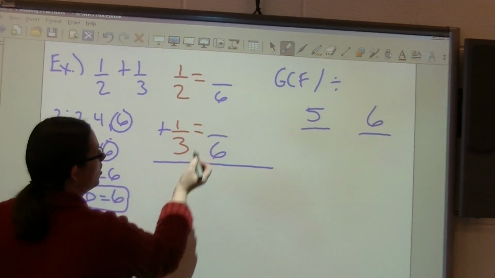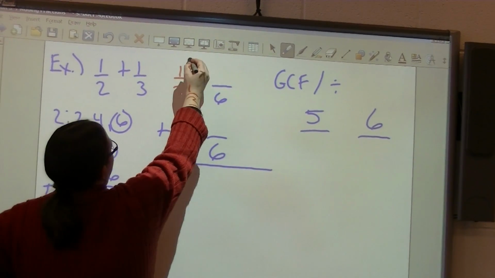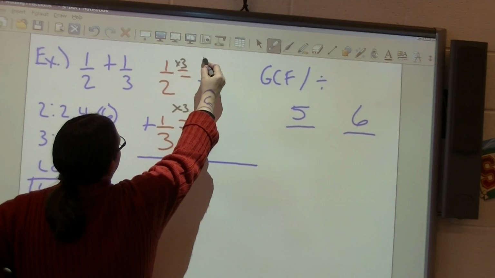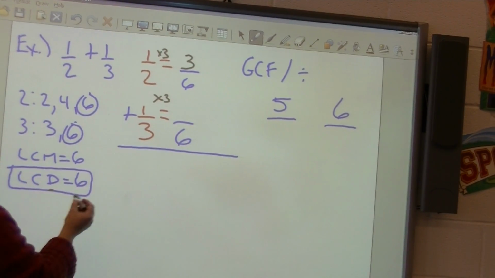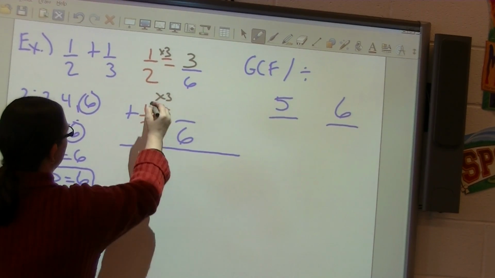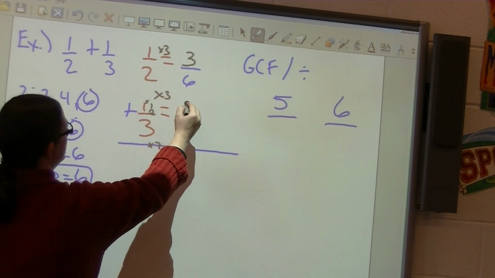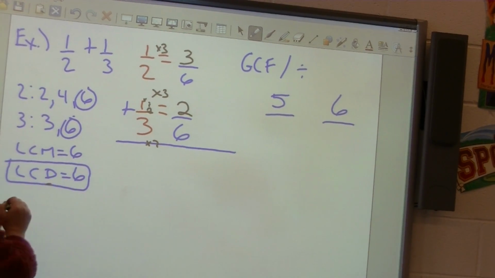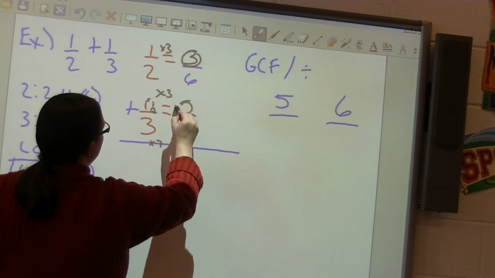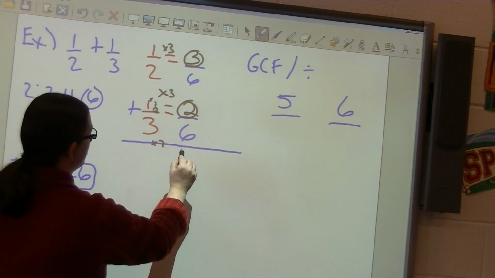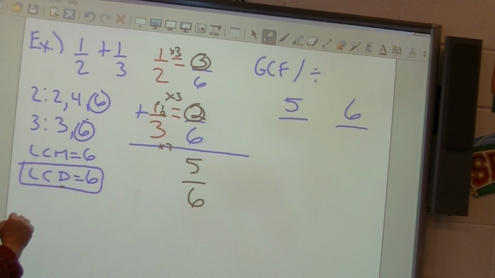Okay, so 2 times what gives us 6? Times 3. Good. So we do 1 times 3 on the top to get 3/6. How do we, 3 times what gives me 6? 2. Good. 1 times 2 here is going to give me 2. So 2/6. Now we add just the numerators. 3 plus 2 to give me what? 5. And 6 stays the same. So our answer is 5/6.